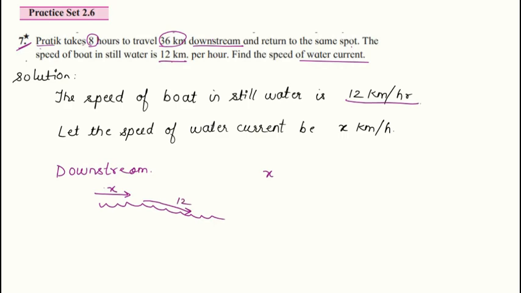So the boat traveling downstream, we can write as 12 kilometer per hour plus x.